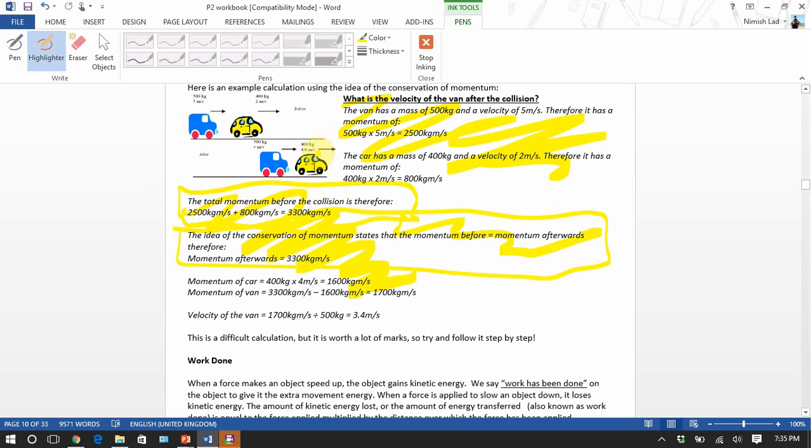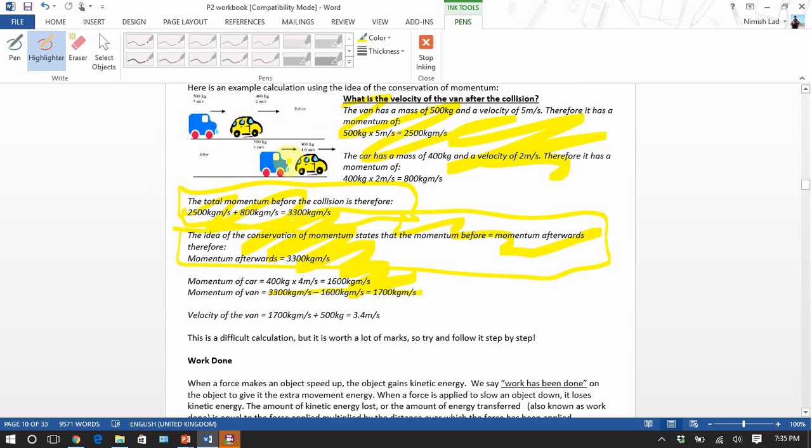So that's 1,600. The total is 3,300. So this one must be those two numbers taken away from each other, which is what I've done over here. That gives me 1,700. That means this blue van has 1,700 kilogram meters per second of momentum.